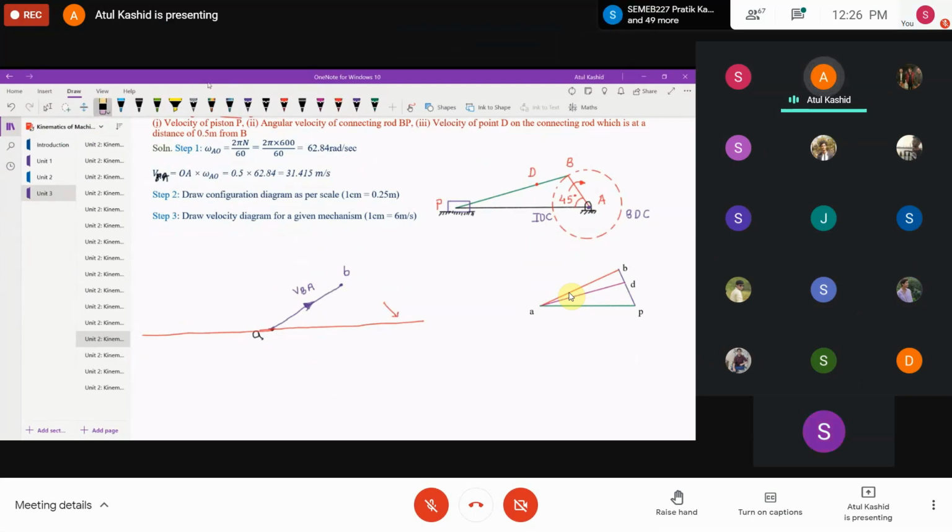Right now I only know the direction. One more thing you need to understand: point P is nothing but the intersection of your BP and AP. This is B, this is A, and the intersection point of both will be P.